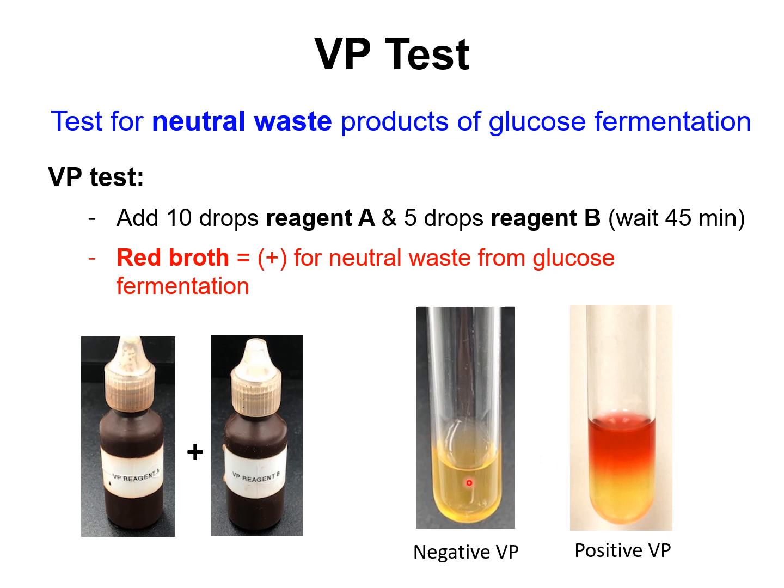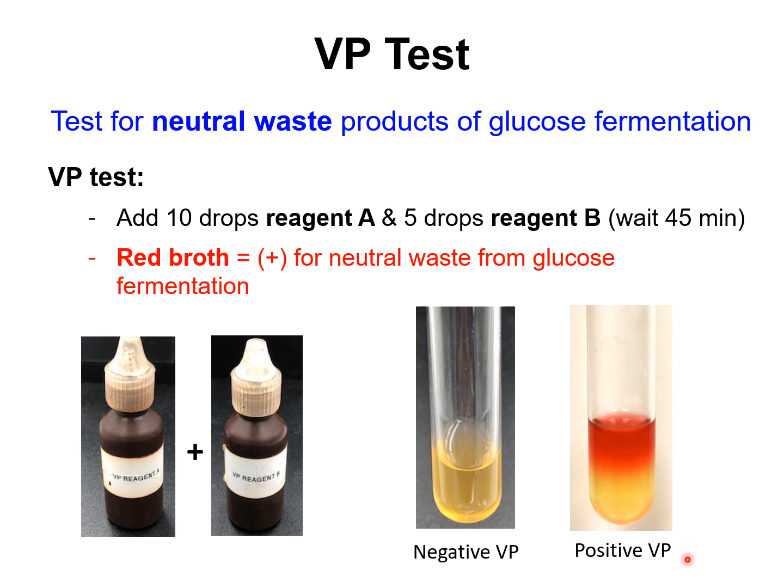If it stays yellow, again, that just means negative. No neutral waste was produced, so again, it's negative if it's yellow. Now, if it's positive, it's going to turn red. But notice how it turns red up at the top, not the whole entire thing turns red.